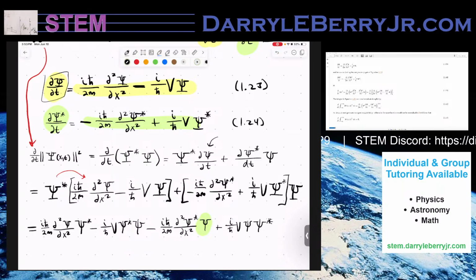All right. So to look at what we're doing here, I have the yellow part inserted here, and the green part inserted here. And then all I did was distribute the psi.